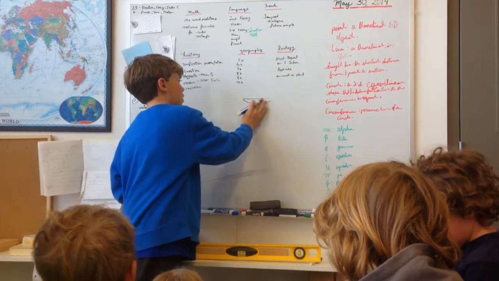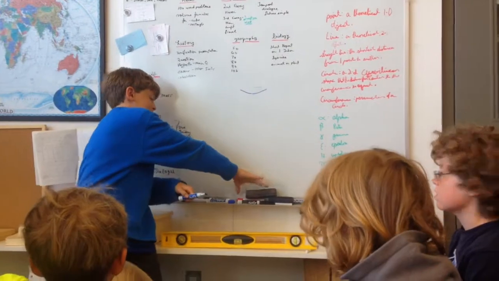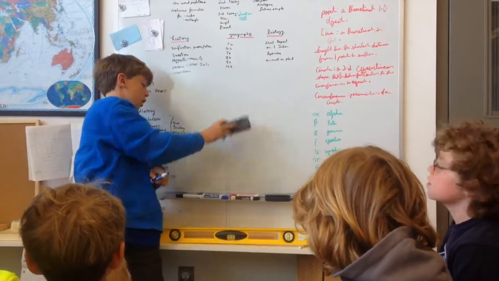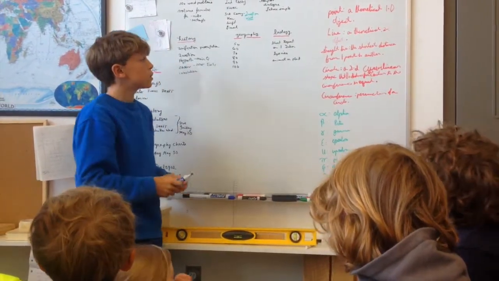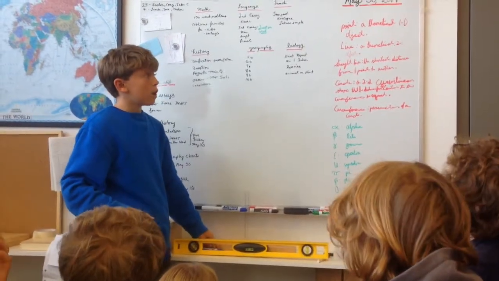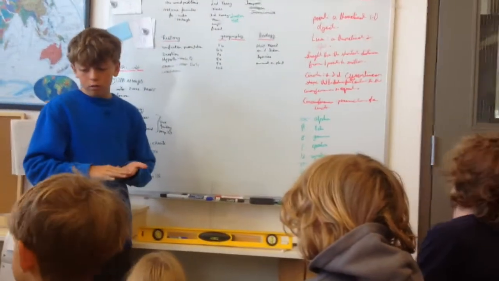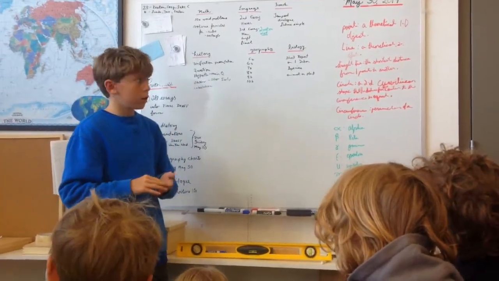And then a circle is 2D, so it exists only on a flat surface, theoretically.